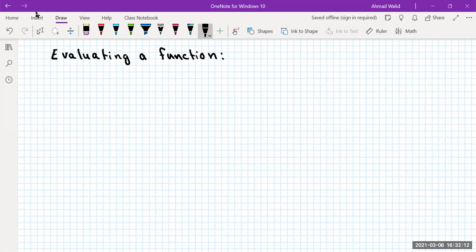In simple language, evaluating a function means finding the numeric value of your function at a given number or numbers, correct?